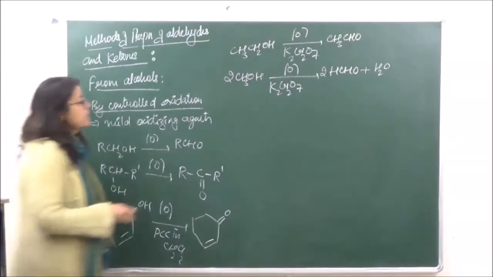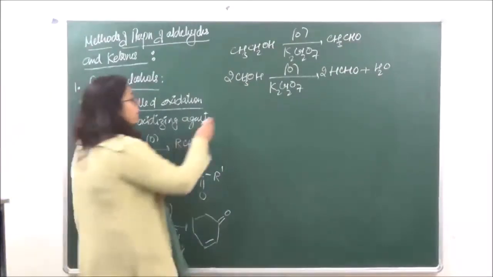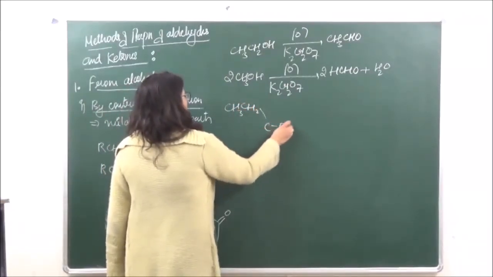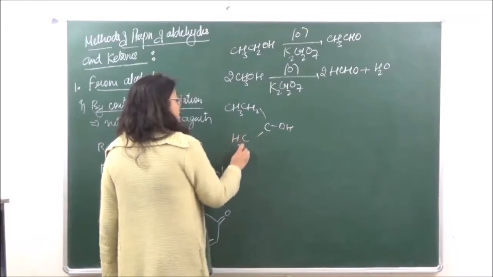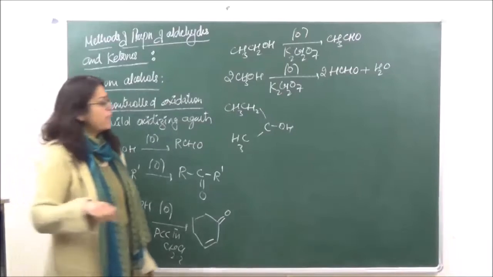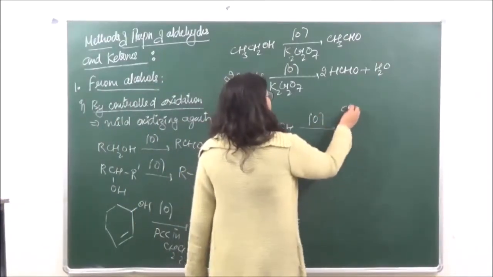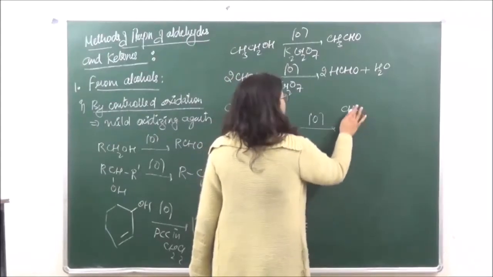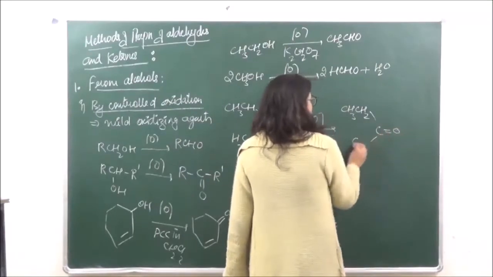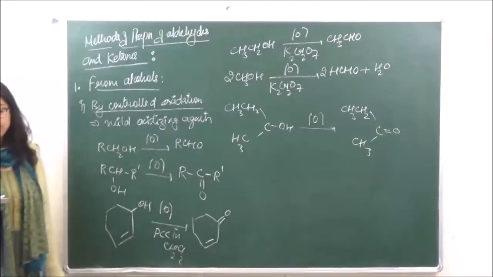Now if we are taking a secondary alcohol of the type CH3, CH2, COH and CH3, and we are oxidizing this in presence of any of the mild oxidizing agents which we have just done, this is going to give us a ketone.